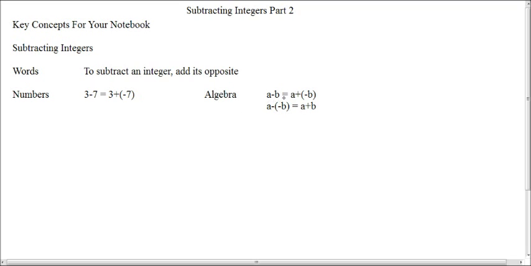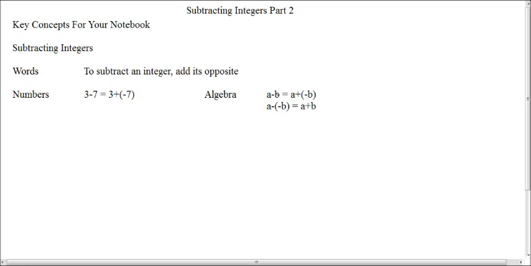Or, algebraically, of course, we haven't looked at that before, but we're going to start looking. And these are variables. A minus b is the same thing as a plus a negative b, or a minus a negative b is the same thing as a plus b. You see the correlation here, what we said earlier?